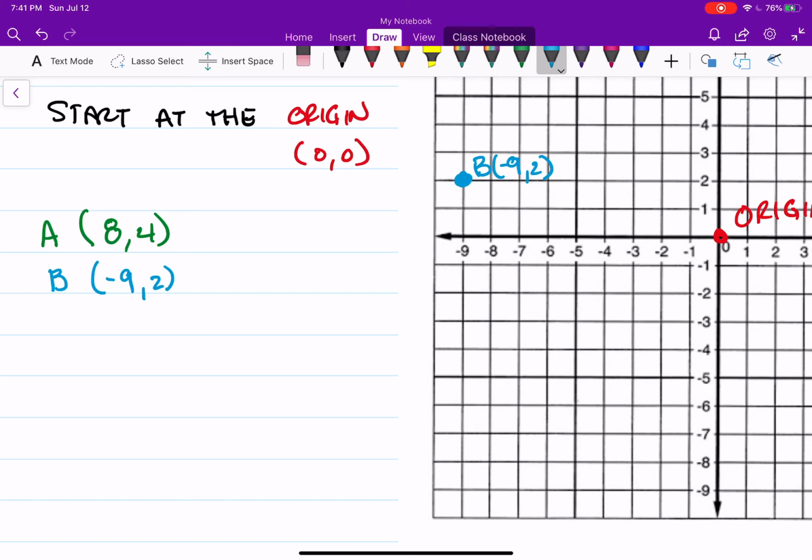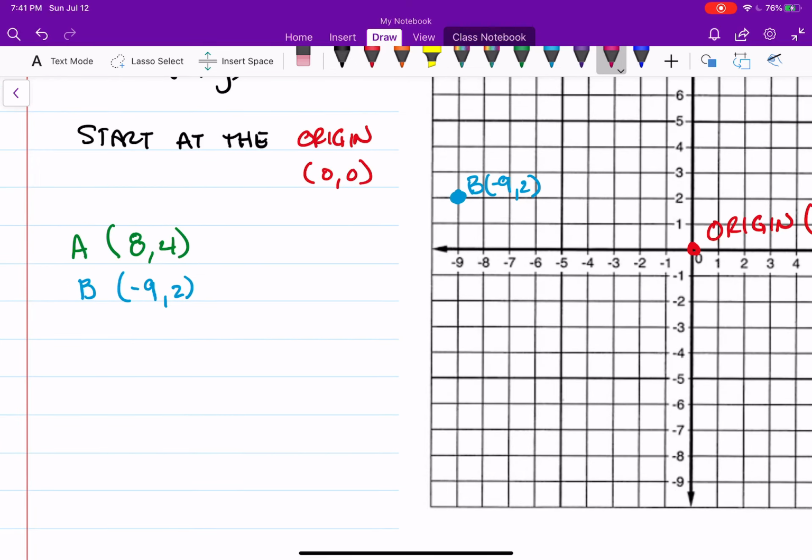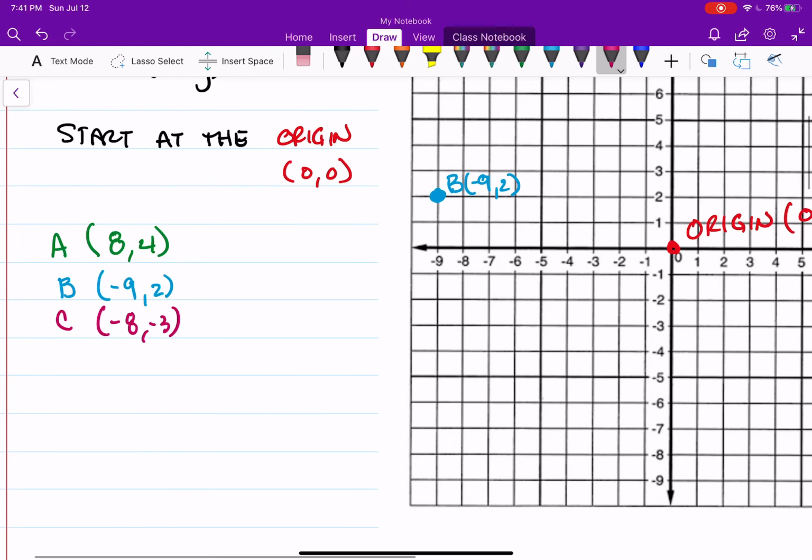Okay, let's plot another point. Let's call it C, and C is going to be (-8, -3). My x value is negative 8, and my y value is negative 3. So 1, 2, 3, 4, 5, 6, 7, 8, and then down 3, 1, 2, 3. You might ask, how do you know if I go left or right, up or down?